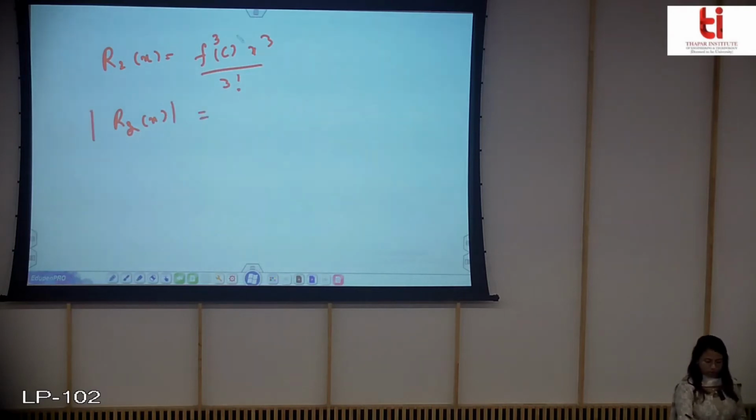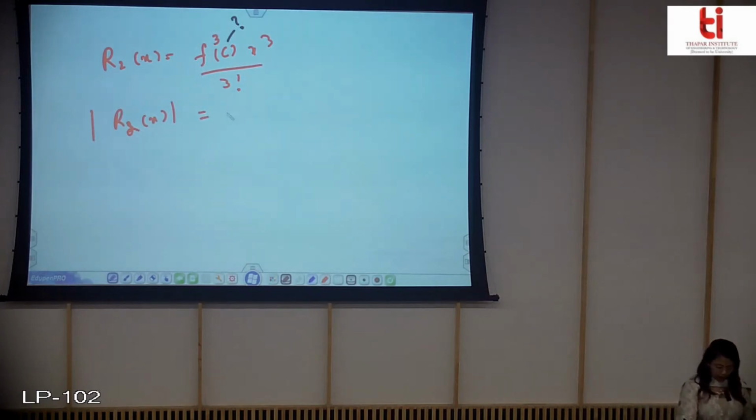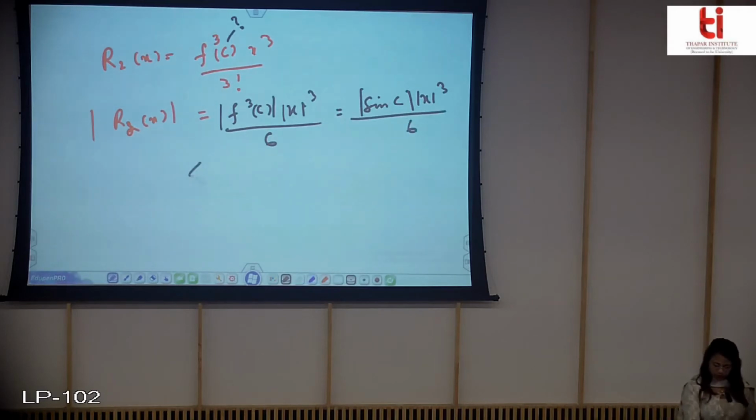Because in this you already know that finding this c is not possible, what we do is find the upper bound of this, and we replace it. So first of all, let us write this is equal to sine of c times x cube upon 6, which is less than, now you already know that this has a value less than or equal to 1, so I can write it as 1.